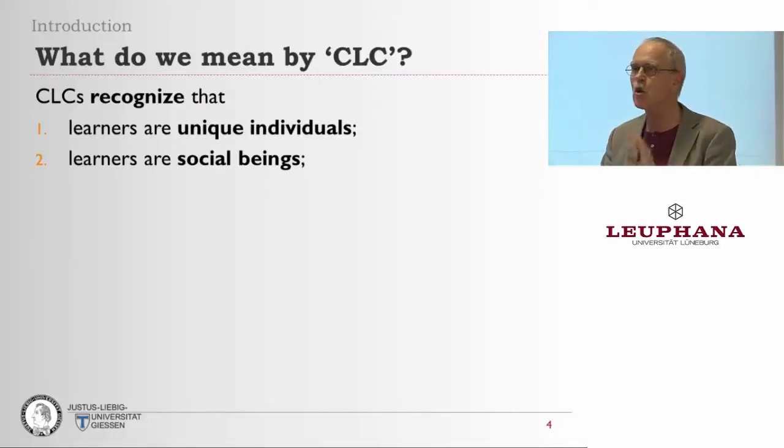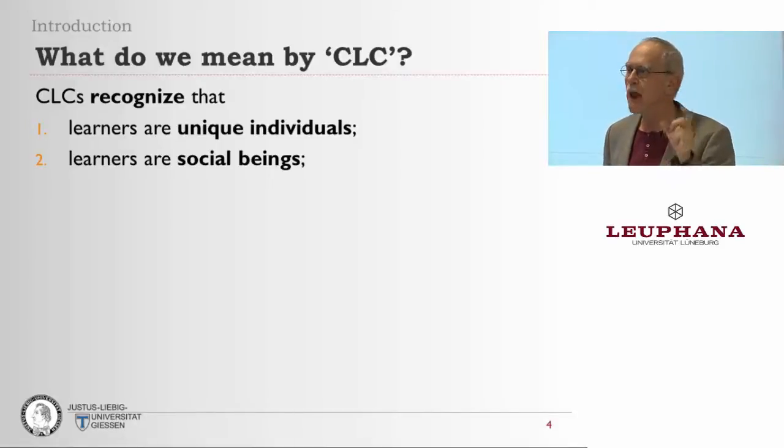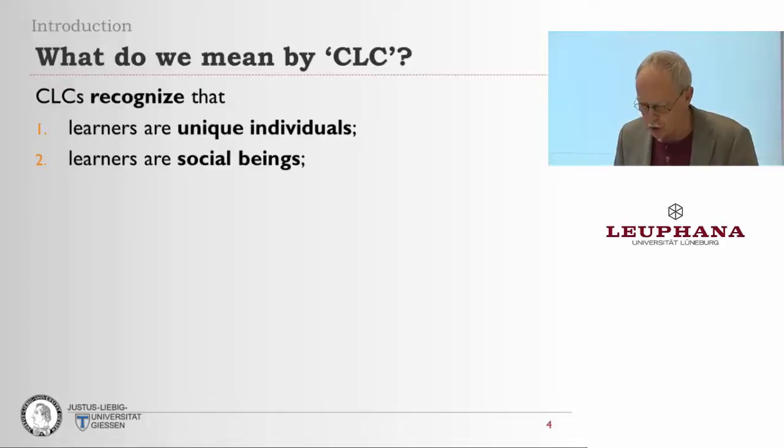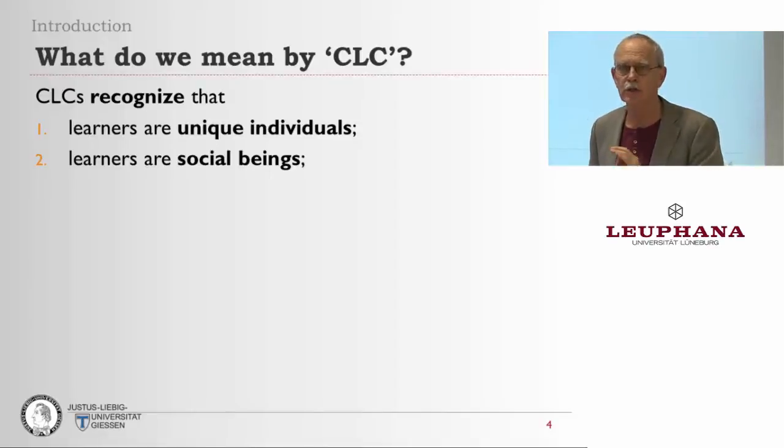Learning in classrooms always happens in groups. So we have this interesting relationship between the idiosyncratic individual being placed and framed, we could say, by the social group. And we know that learners develop best in a mutually supportive environment.